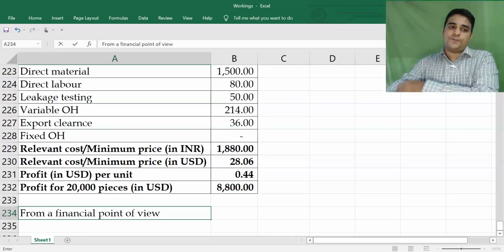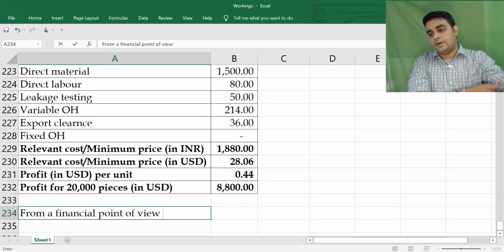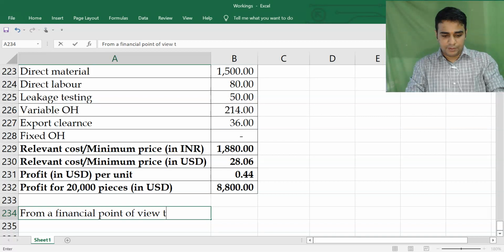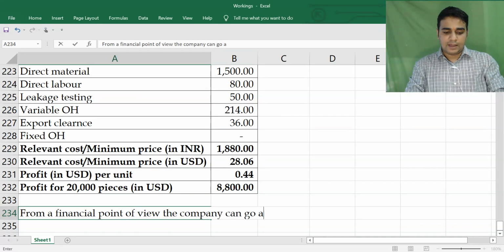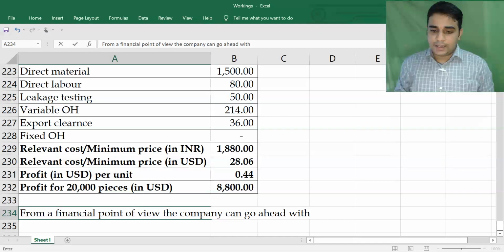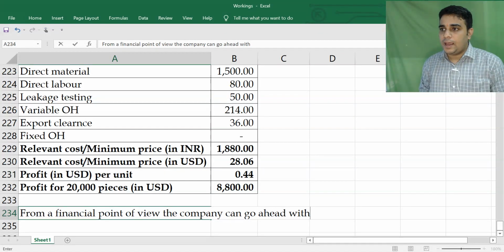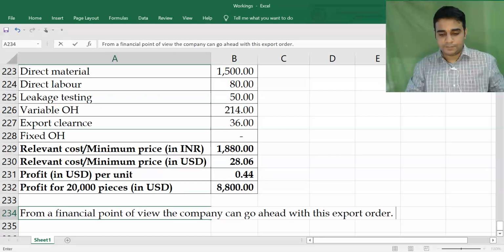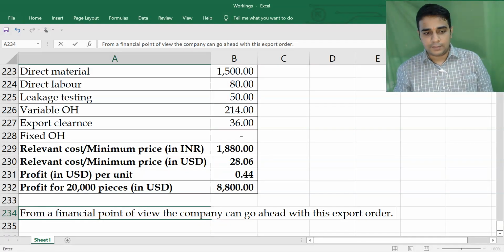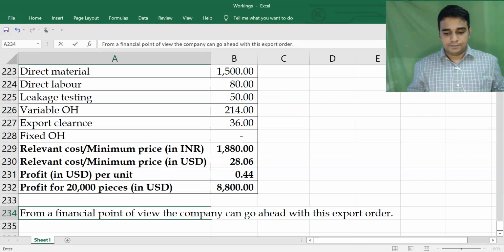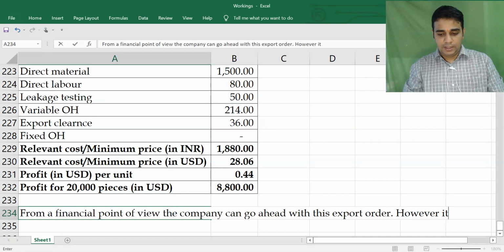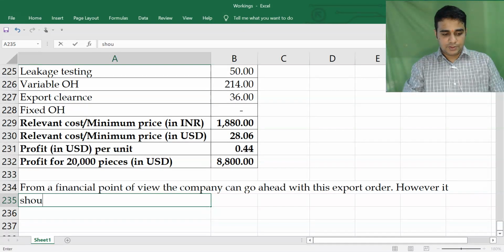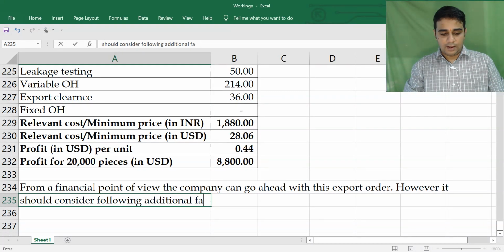From a financial point of view, the company can go ahead with this export order, however it should consider the following additional factors.